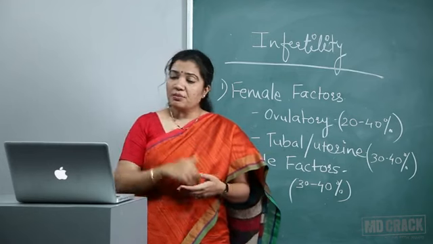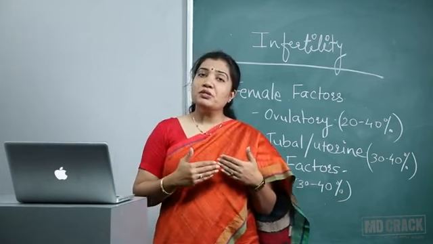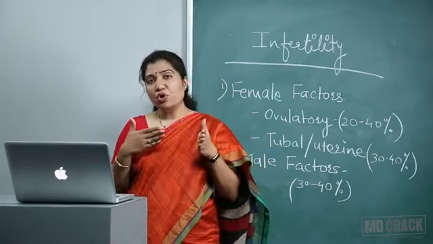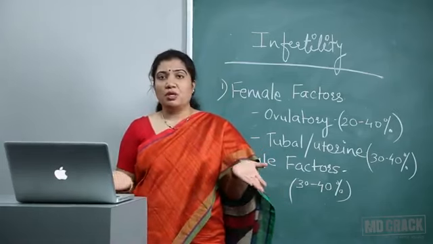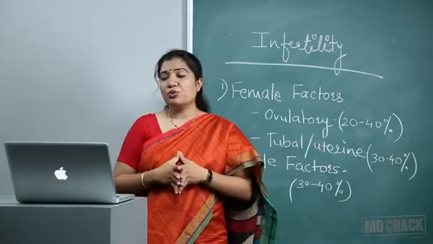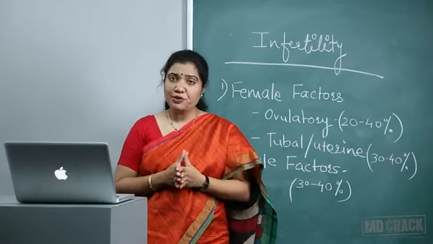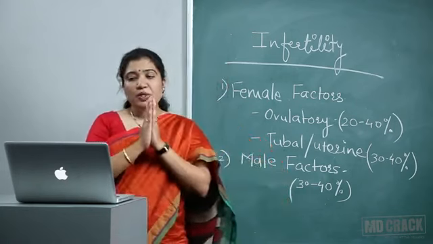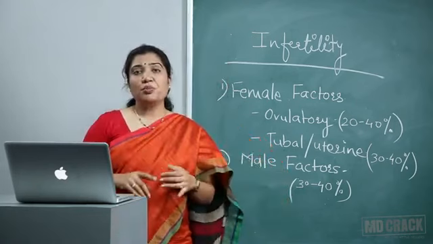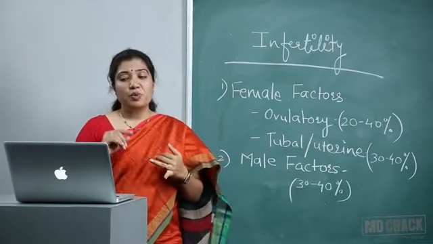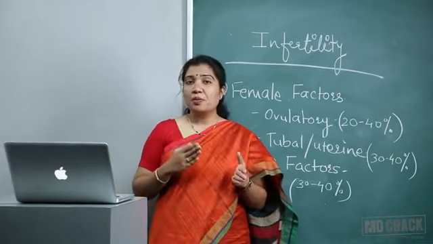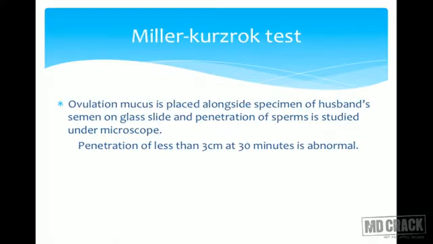At the same time, we can see the movement of the sperms in that cervical mucus. If it is forward progressive, we are very happy. But if it is shaky and rotatory, then it suggests that we should evaluate that couple for anti-sperm antibodies. So this particular test gives us information about ovulation as well as sperm penetration, and also suggests whether sperm antibodies are present or not.